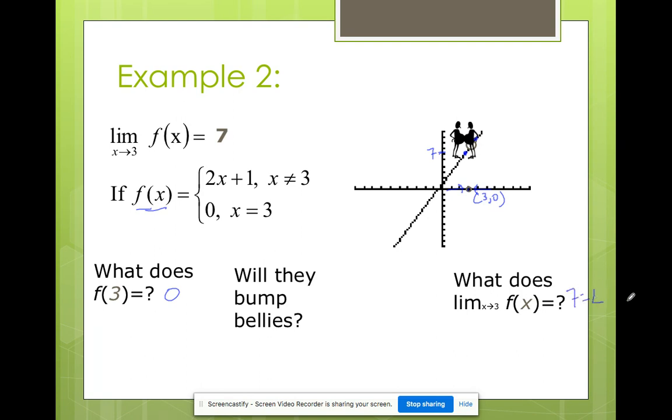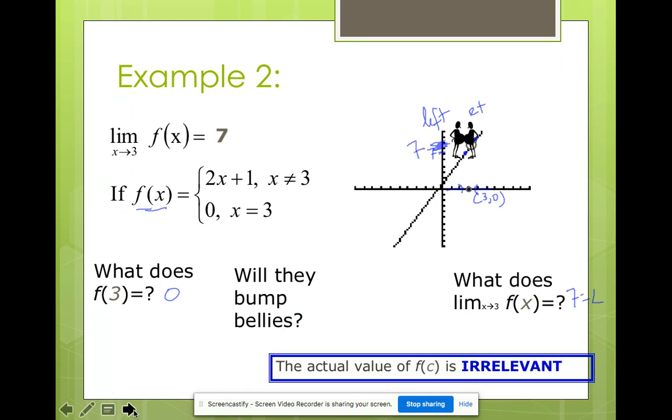The level that both range walkers are at. The left range walker and the right range walker bump bellies at a level of 7. That's what a limit is. The actual value of the function is irrelevant unless you have continuity.